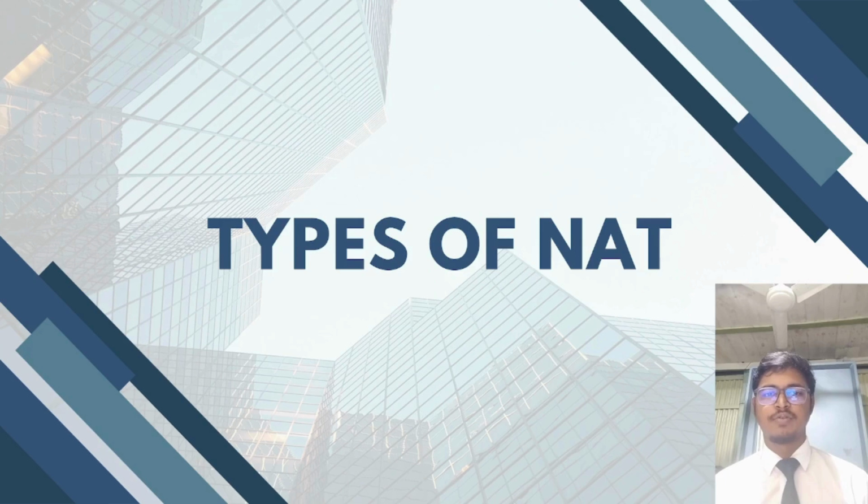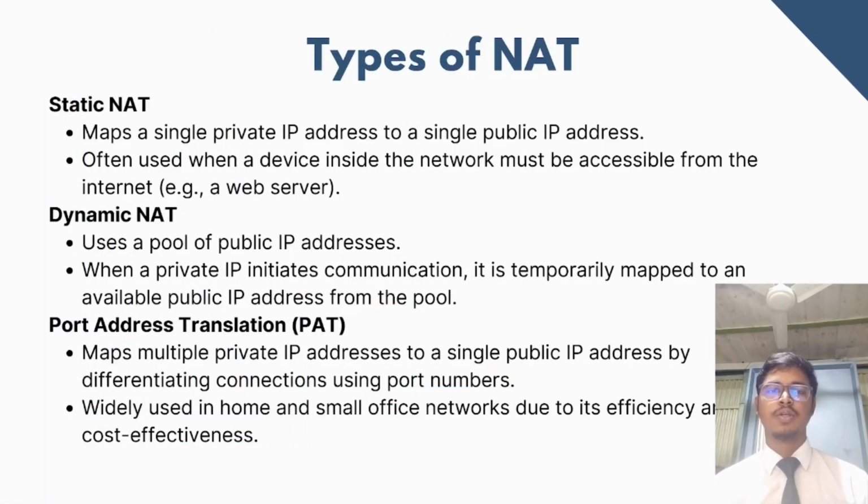My ID is 322156094. So our topic is types of NAT. We know there are three types of NAT: static NAT, dynamic NAT, and PAT. PAT means port address translation. Static NAT maps a single private IP address to a single public IP address.